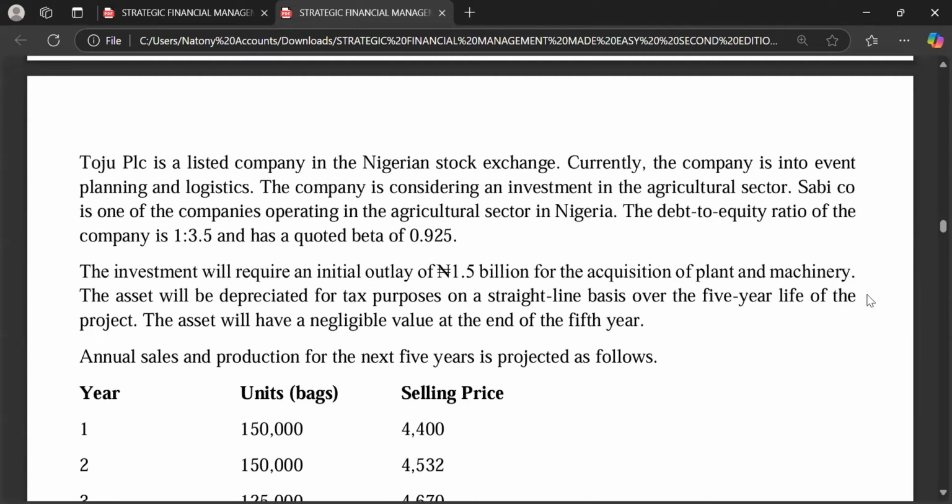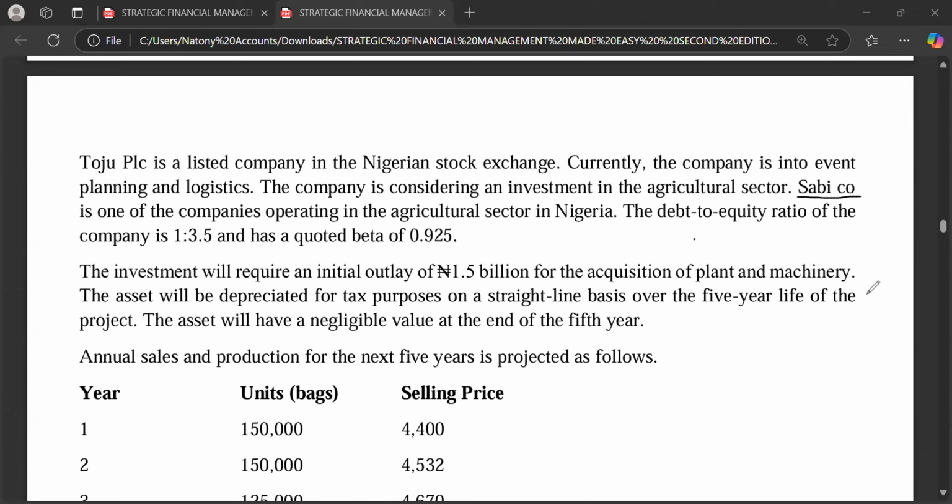Toju PLC is a listed company in the Nigerian Stock Exchange. Currently, the company is into event planning and logistics. The company is considering an investment in the agricultural sector. Sabico is one of the companies operating in the agricultural sector in Nigeria.